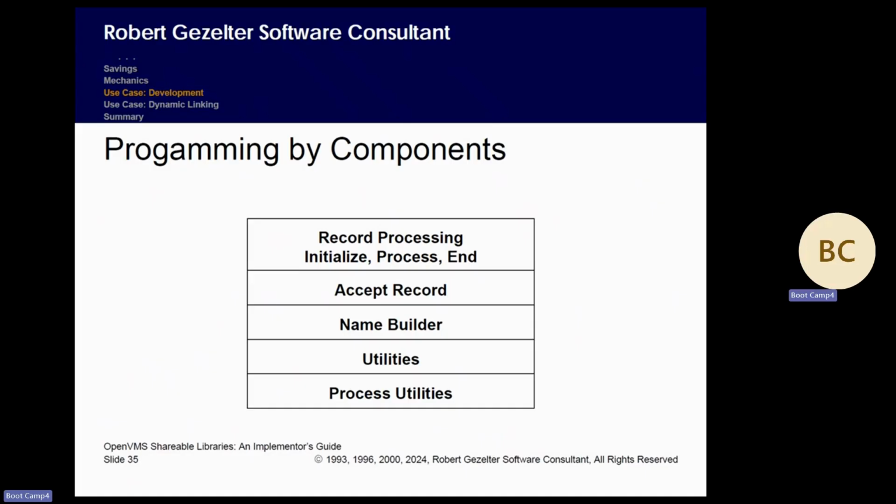There's record processing: initialization, processing, and end. There's an accept routine to decide if a record is yes or no, we process this record. There's a name builder, take a record and produce an addressee name or an addressee line. There are various utility procedures and various processing routines.